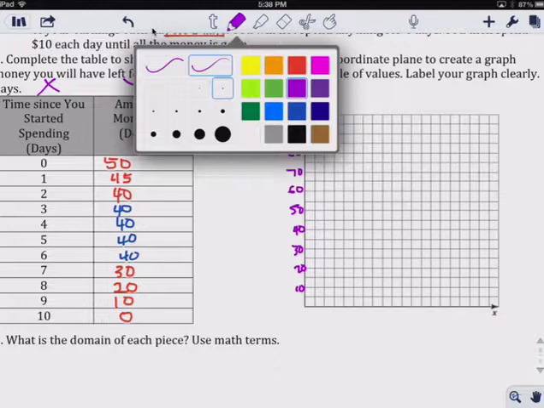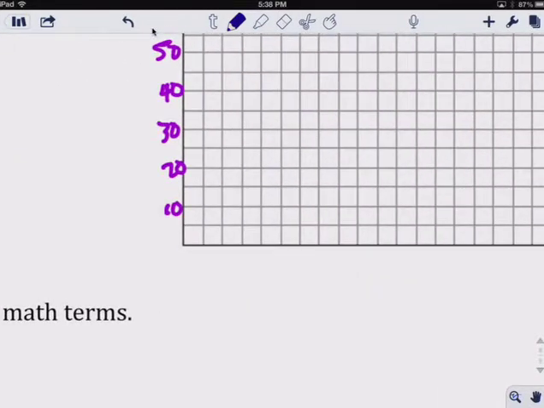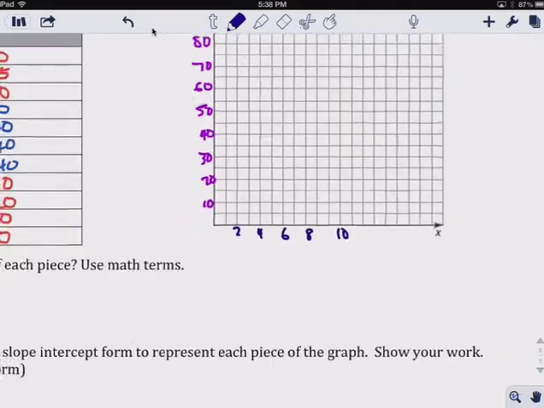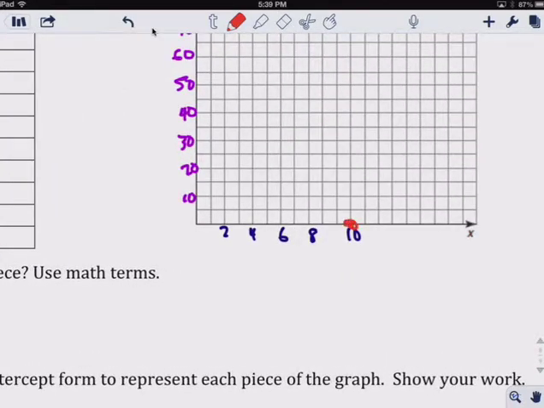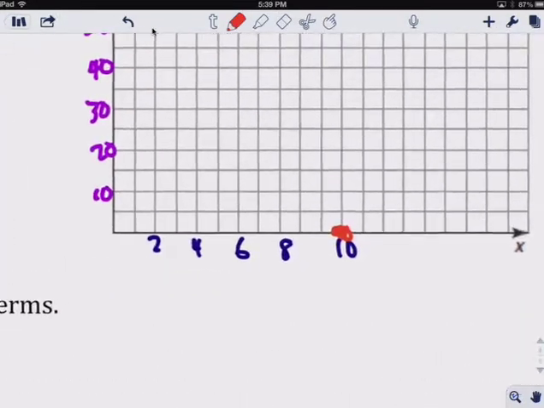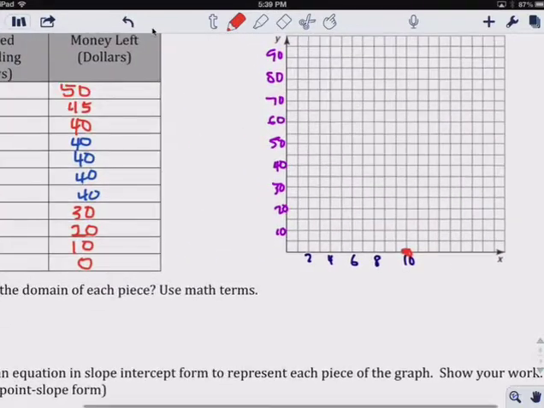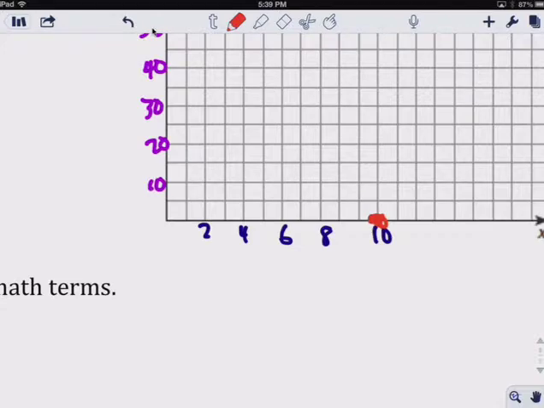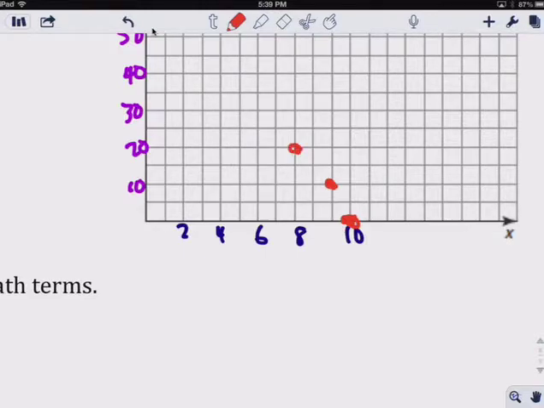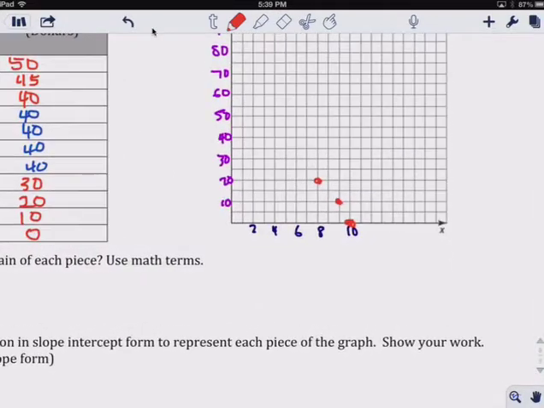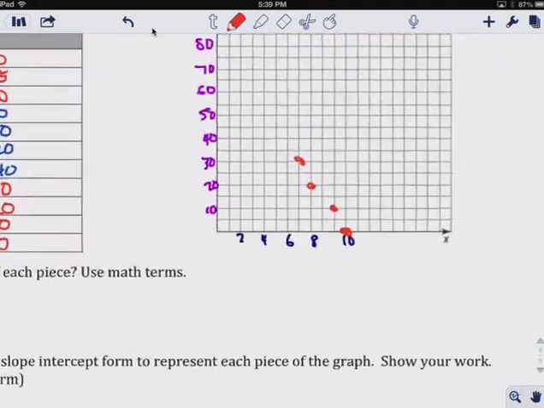I've seen it both ways. By ones. Like that. So 10, 0. 9, 10. 8, 20. 7, 30.